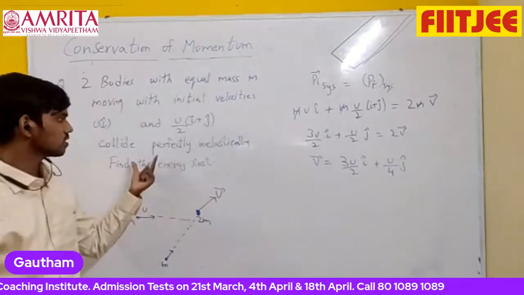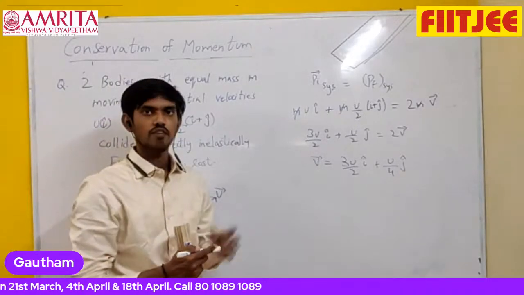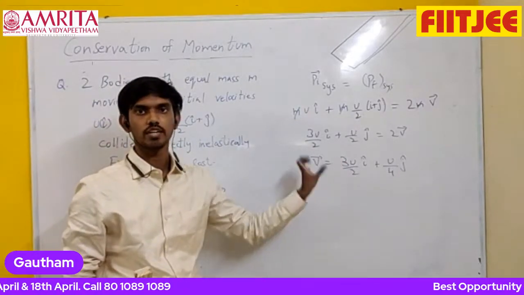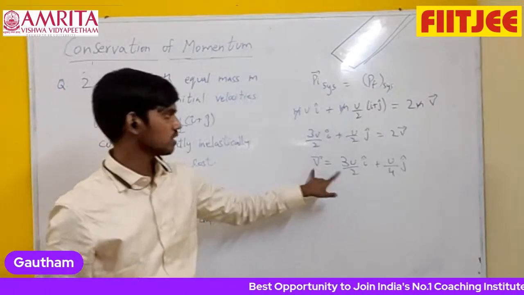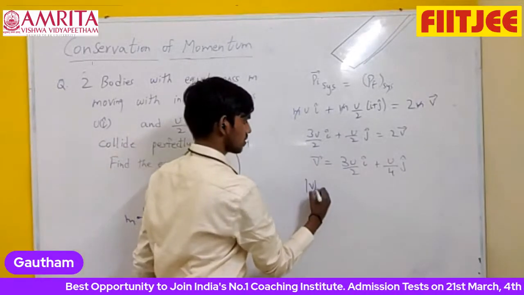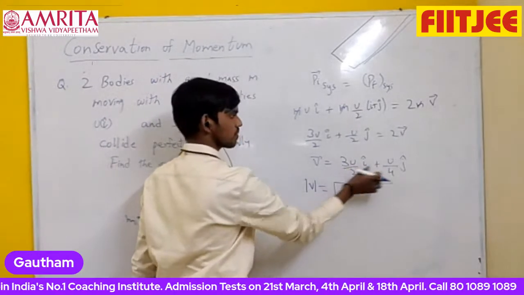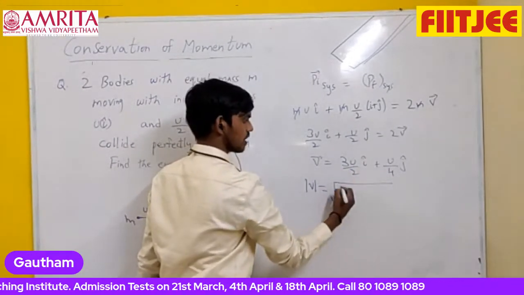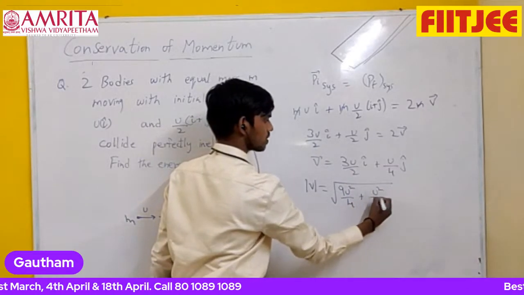After that, energy loss is simply kinetic energy. Kinetic energy is half into mass into speed square, the magnitude of velocity whole square, half mv square. So the magnitude of the velocity is the magnitude of the vector, root over x coordinate square plus y coordinate square. So 9u square by 4 plus u square by 16.